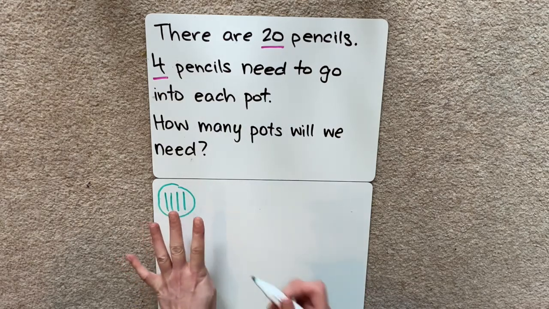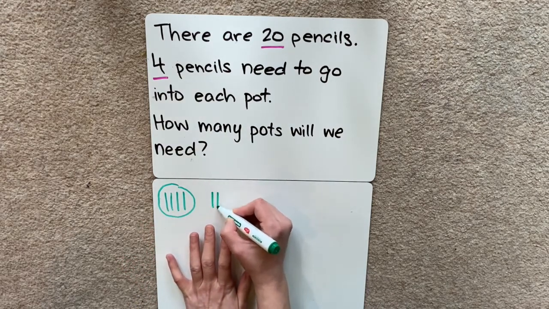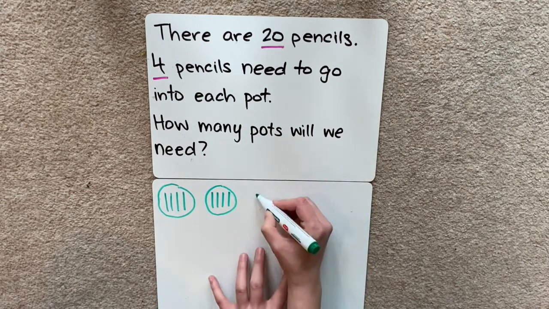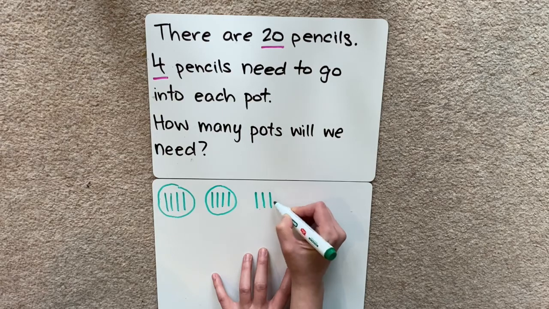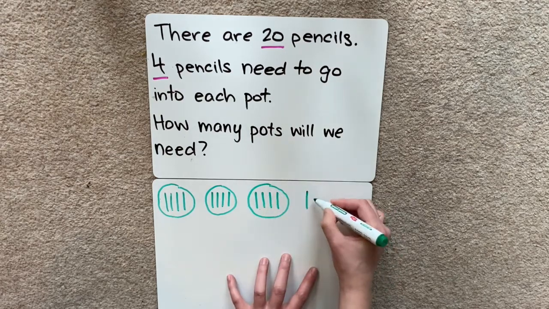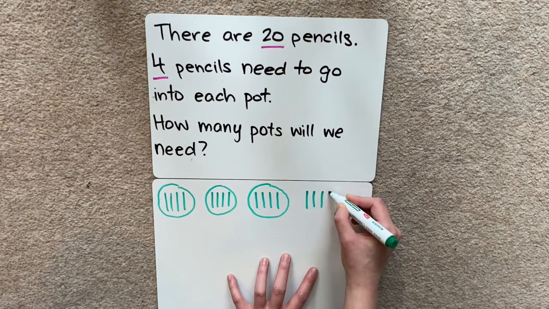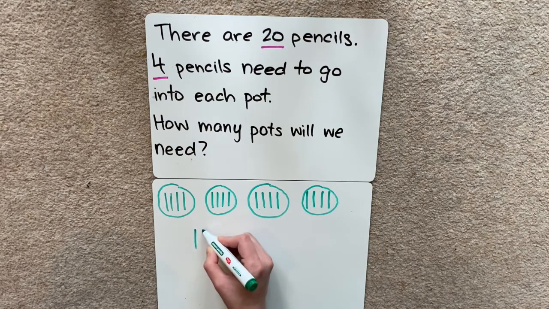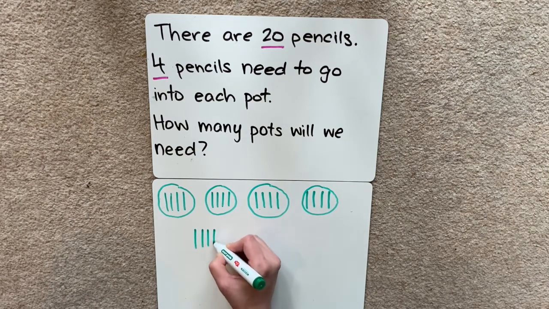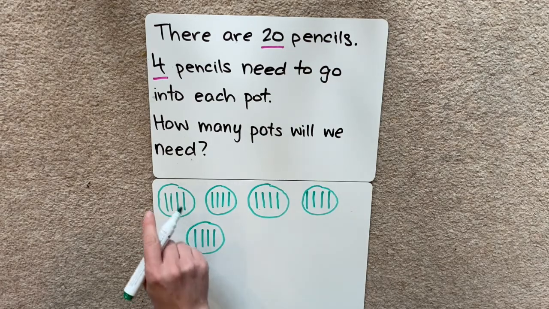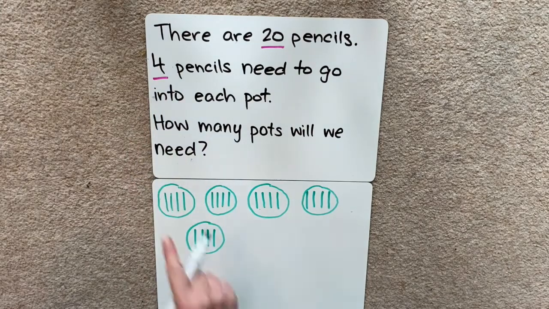So I've done 4, 5, 6, 7, 8, 9, 10, 11, 12, 13, 14, 15, 16, 17, 18, 19, 20.